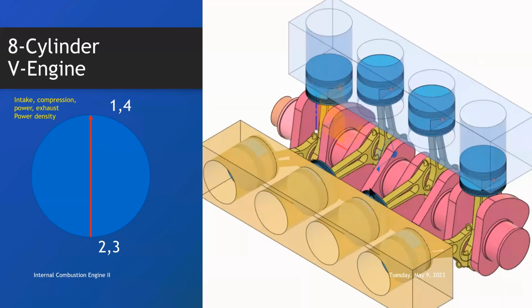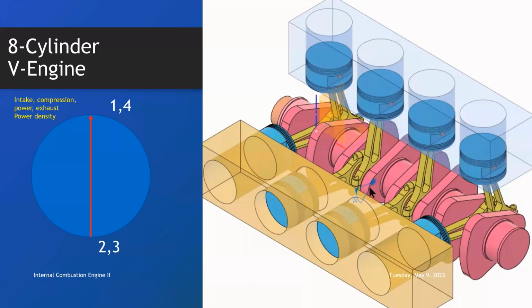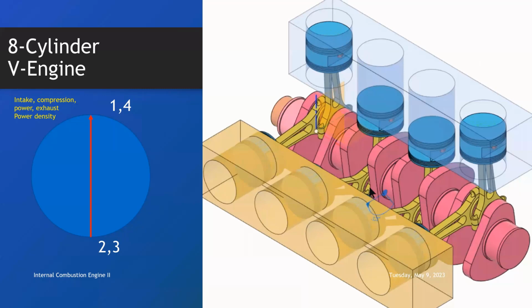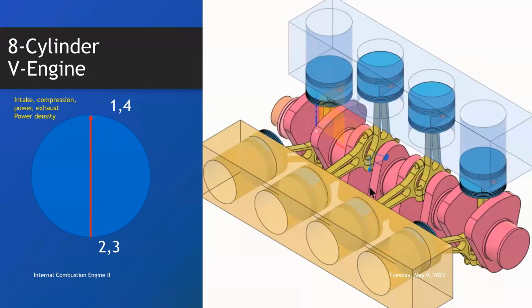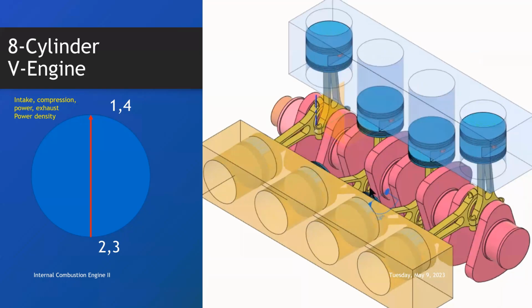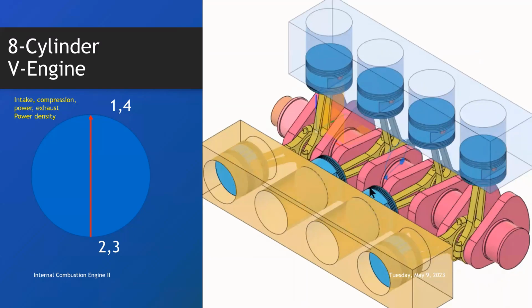For instance, in this V engine, if you look at the right side, you can see that cylinder 1 and 4 seem as if they are at the same point, but they are not. They are oriented at 360 degrees to each other.